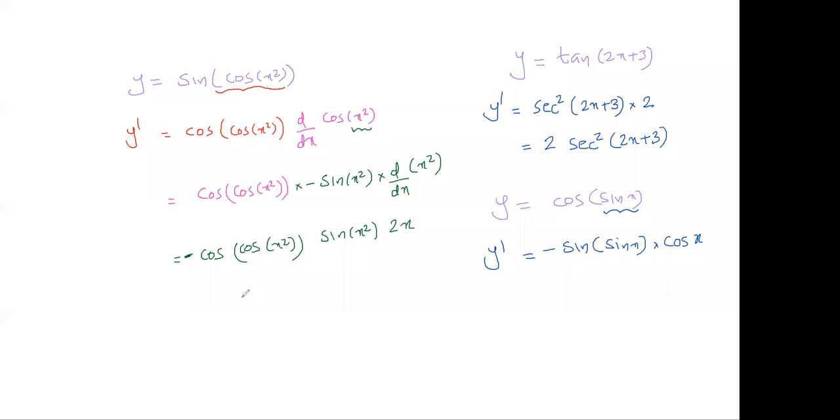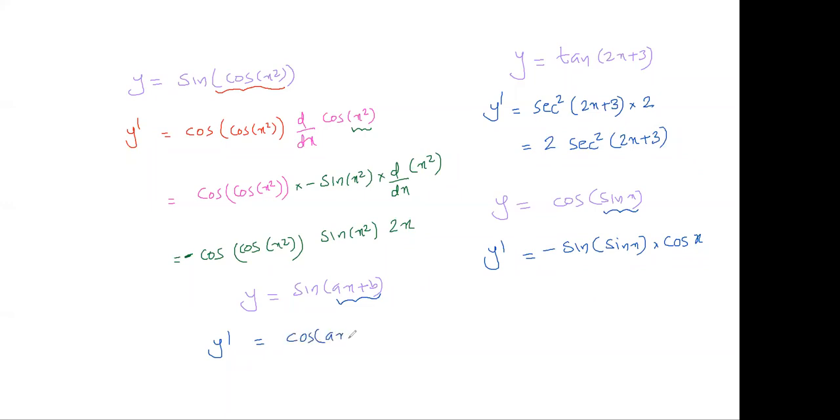Another example, y is equal to sin of ax plus b. So y dash, the derivative: it is of the form sin x. We hold ax plus b as a single variable, sin x, sin t, sin u, whatever it is. The derivative of sin x is cos x, so cos of ax plus b.